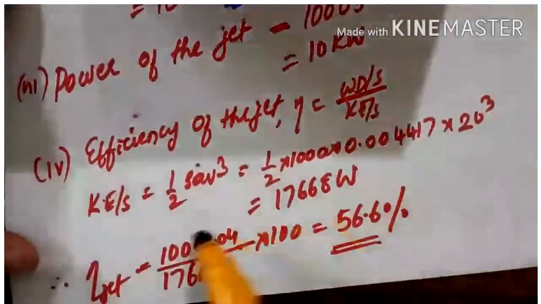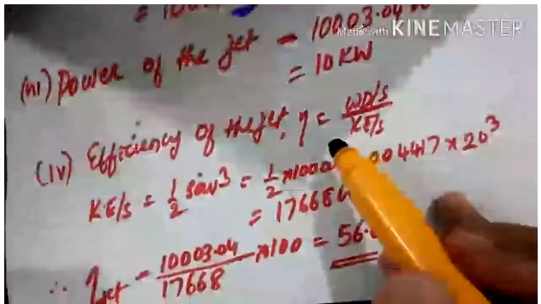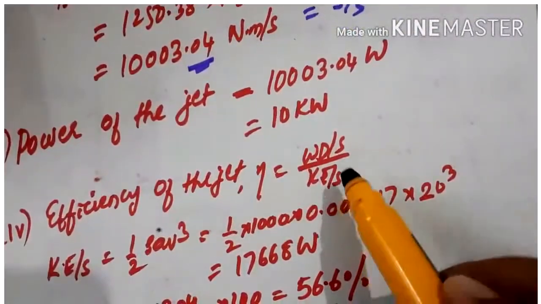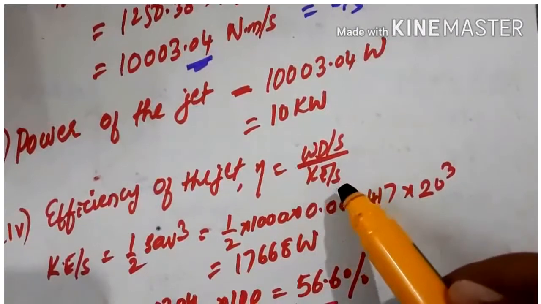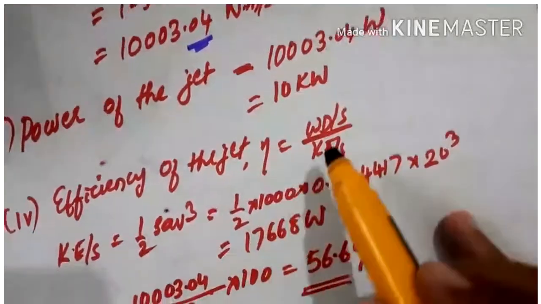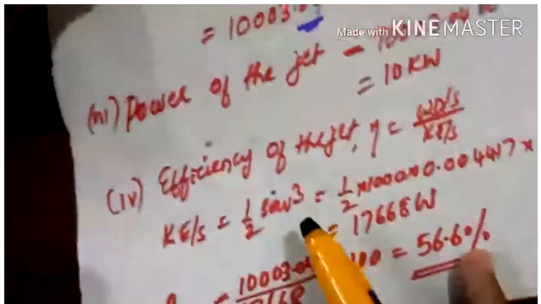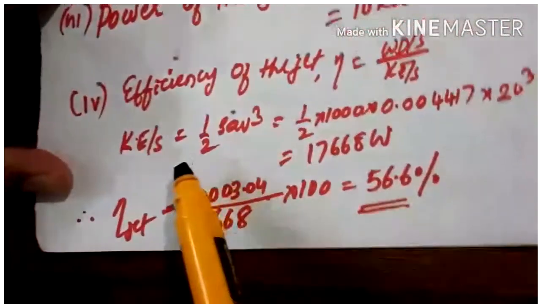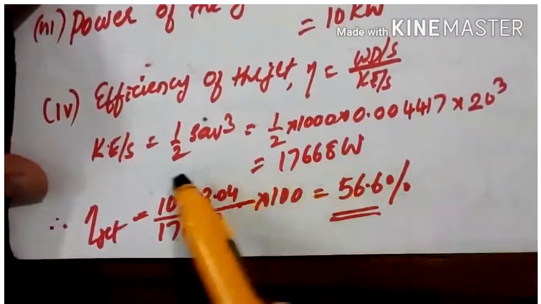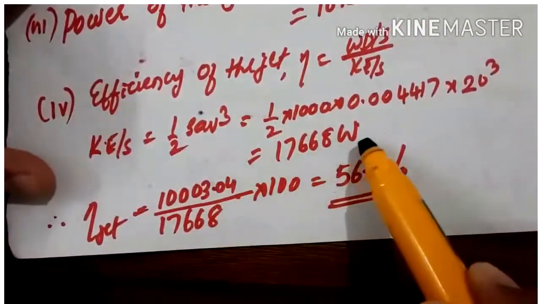Then the efficiency is what? Efficiency is output by input. Input here is given as the kinetic energy per second, and the output is the work done per second. We have already calculated work done per second, so let us calculate the kinetic energy. This is the formula we know, kinetic energy per second, calculated in terms of watt.